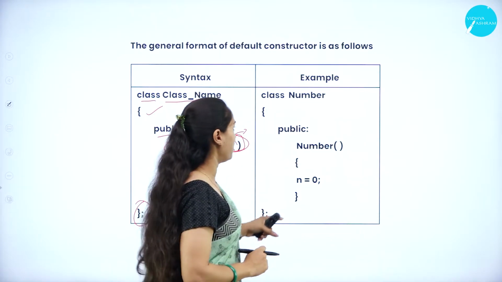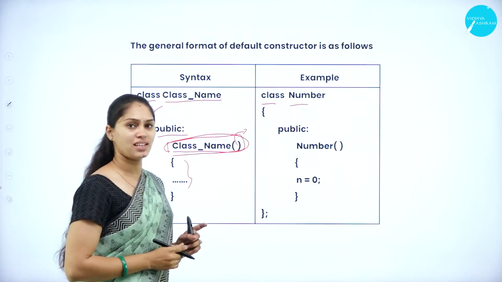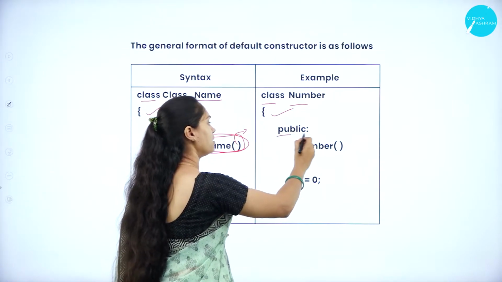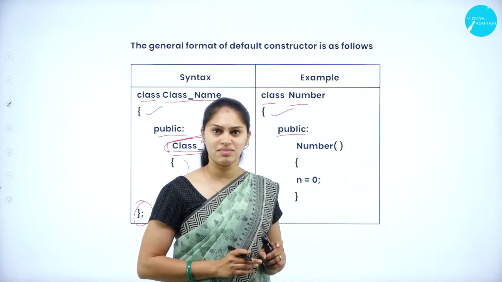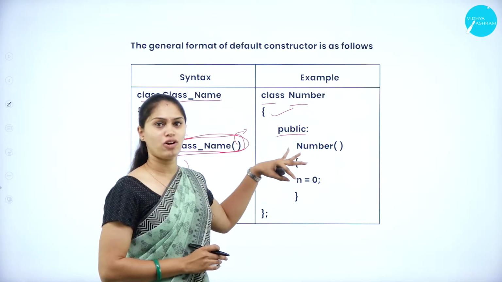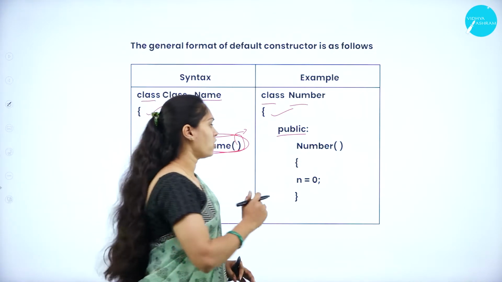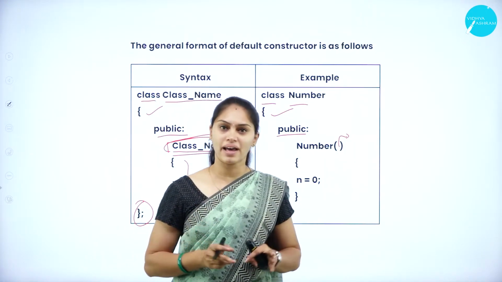We'll see one example here. Class is a keyword and Number is the name of the class. Then the opening of the class. Under the scope of the public access specifier, I am creating one constructor which is of the type default constructor. How can I call this a default constructor? Because there are no arguments or parameters within the parenthesis.